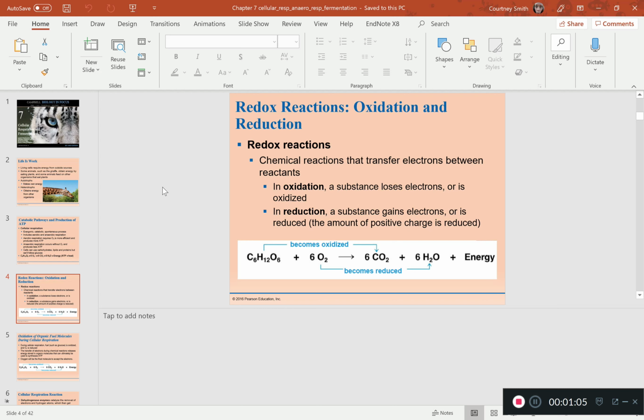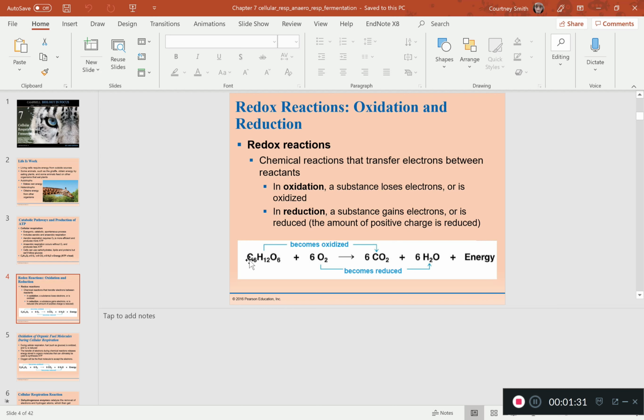Whenever something is being oxidized, the substance is losing electrons, and whenever reduction is occurring, a substance is gaining electrons. So remember that terrible mnemonic, OIL RIG: oxidation is loss, whereas reduction is gain. So that is a redox reaction.